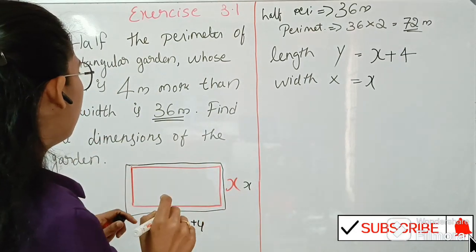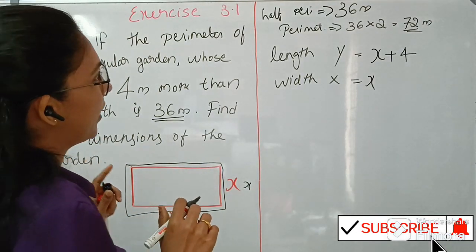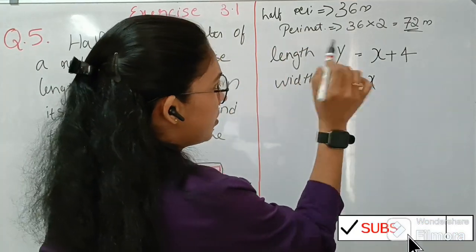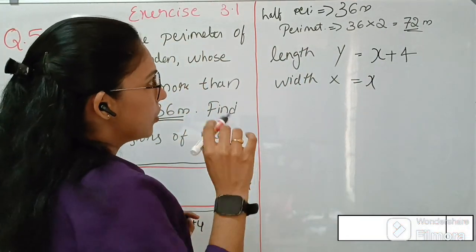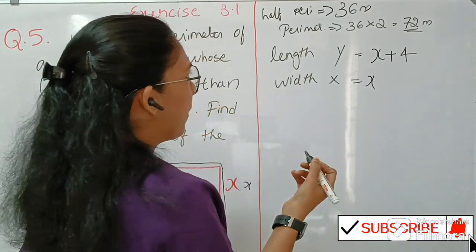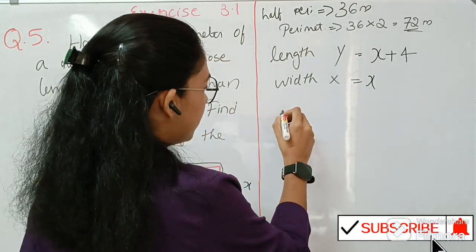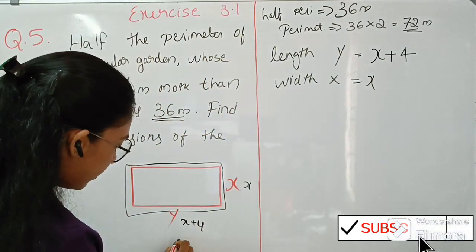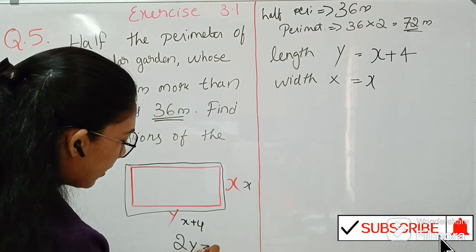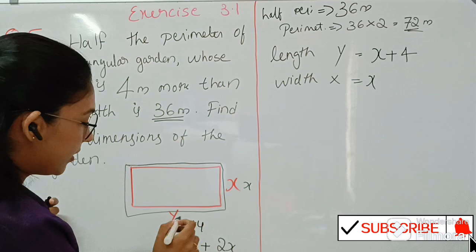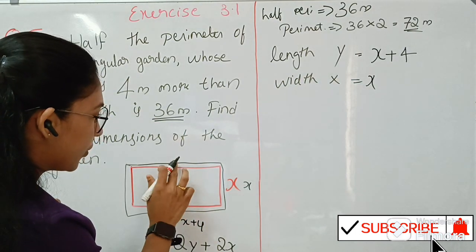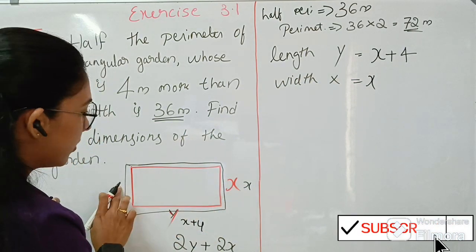Okay, so now we get the perimeter as 72 meter, and the length is y, width is x. So now what is the perimeter? Perimeter should be written like this, that is 2y plus 2x. 2y means here it is y and this is also y, and this is x and this is also x.